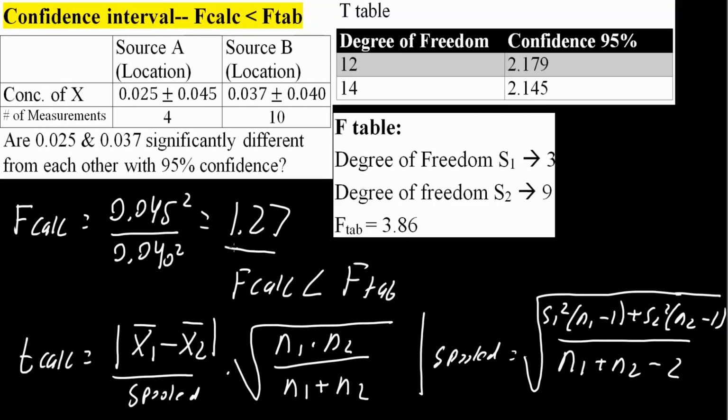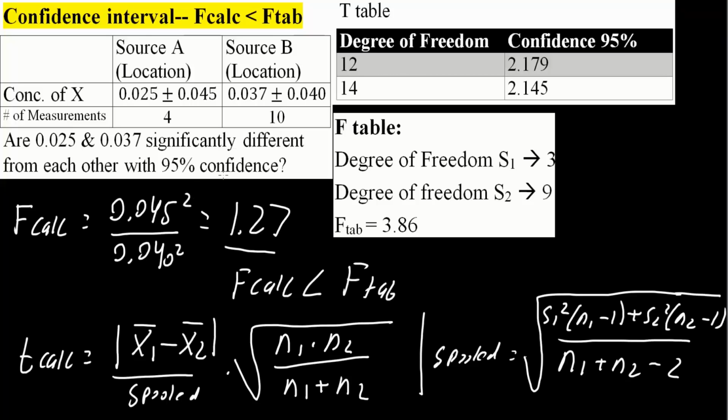This is an important note: in this step, we identify this term to be standard deviation 1 and this to be standard deviation 2 because Fcalc must be greater than 1. So if this is standard deviation 1, this is average 1, and this is n1. And if this is standard deviation 2, this is average 2 and n2.